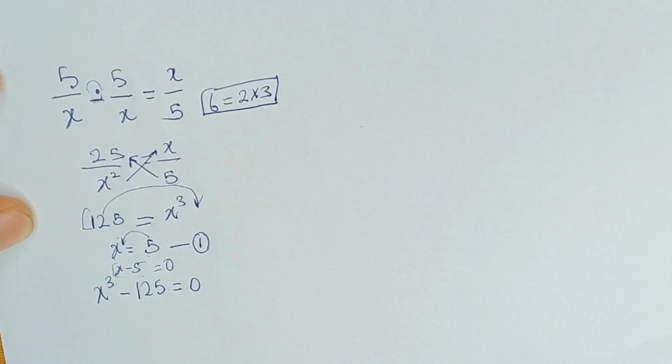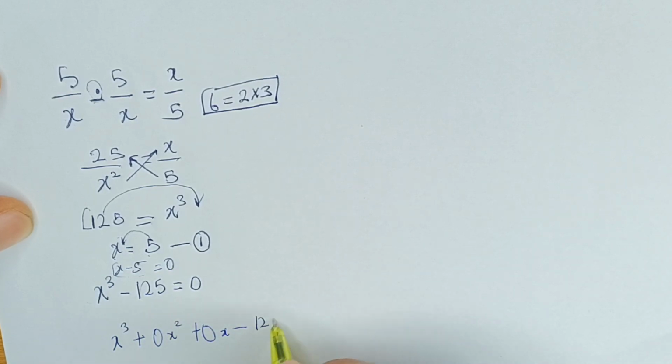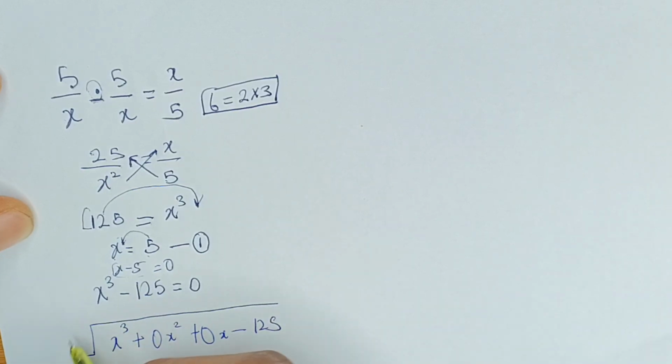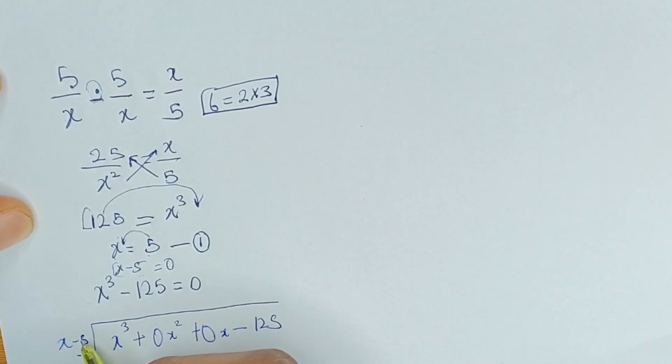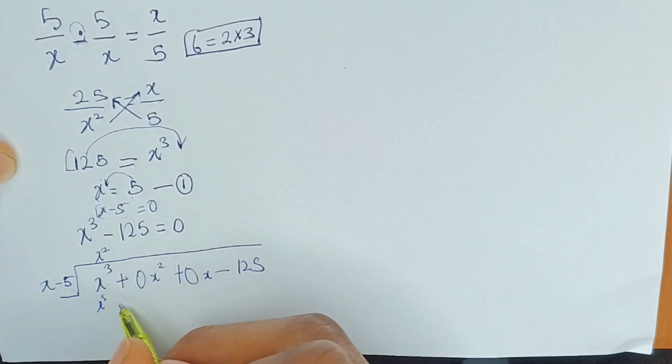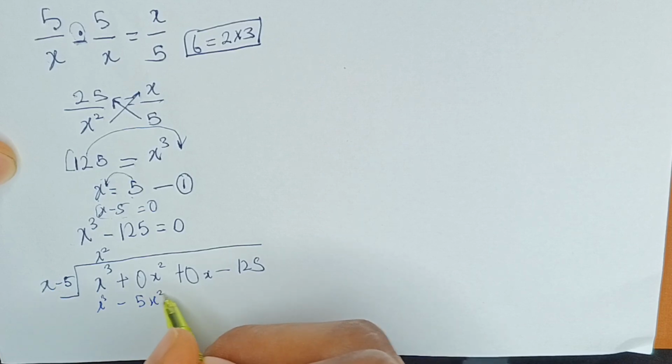Then let's go ahead and apply it. So we simply write x cubed, and for the sake of space, I'll simply do x cubed plus 0x squared plus 0x minus 125. Now, what I have here is x minus 5. x into x cubed is x squared, and then this will give me x cubed minus 5x squared.